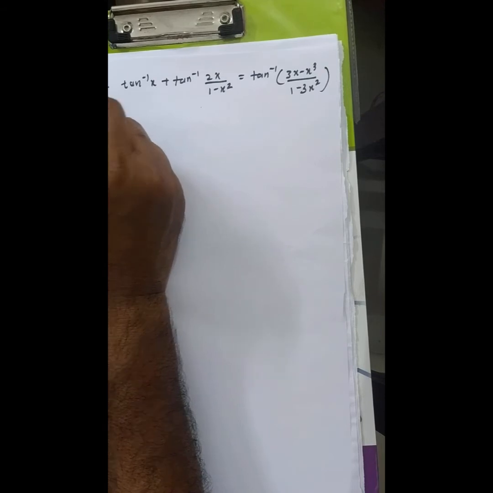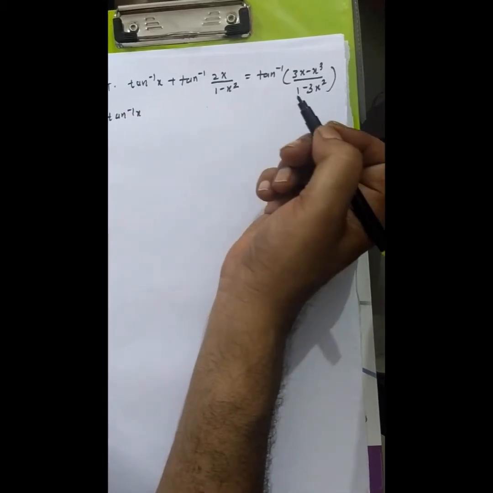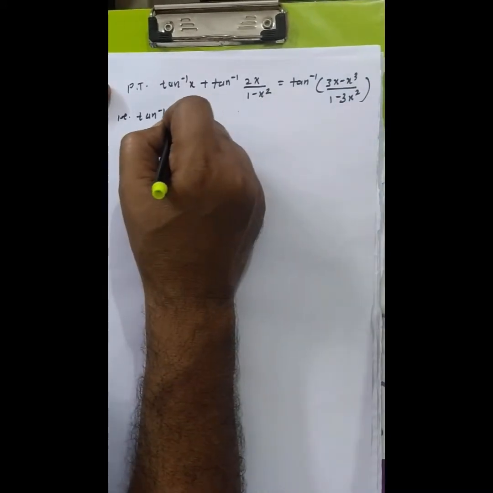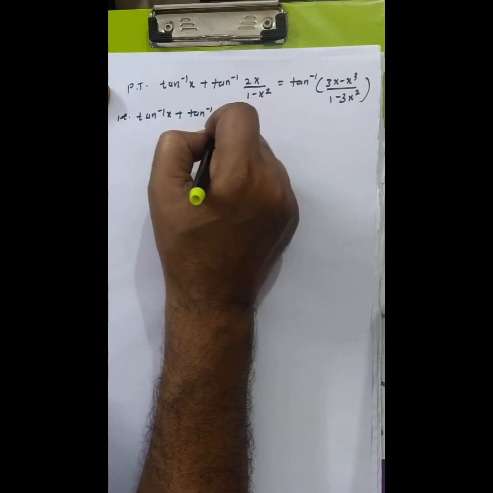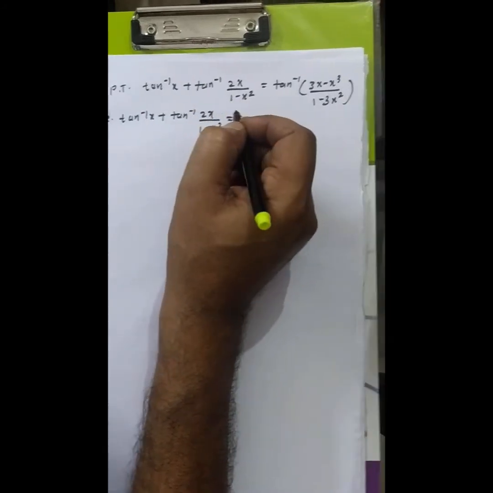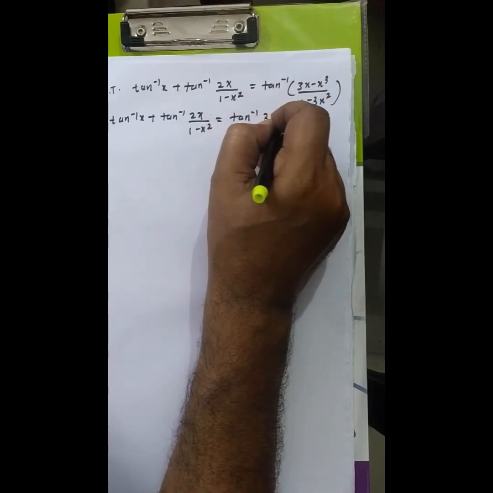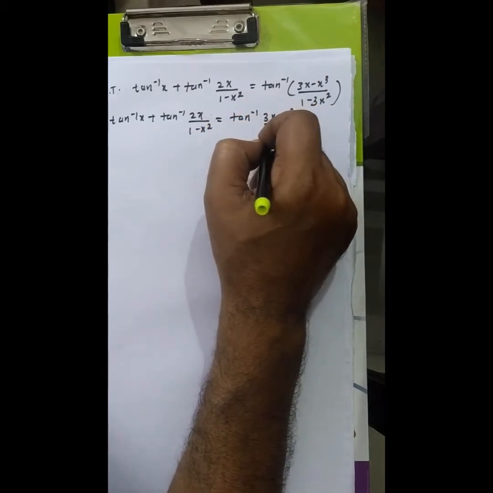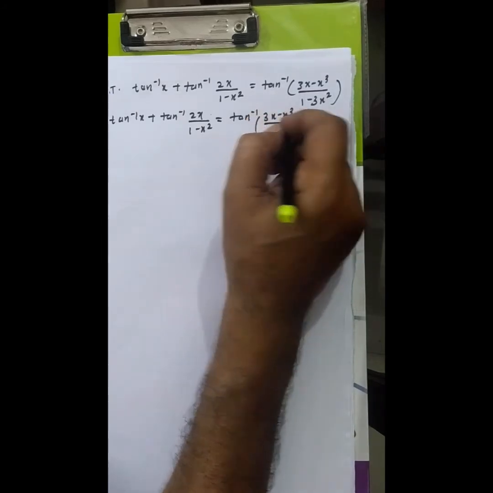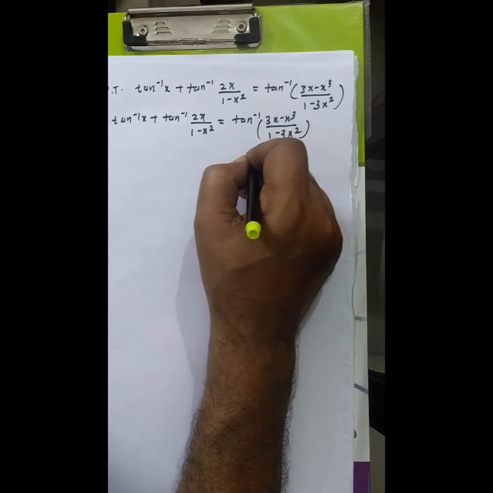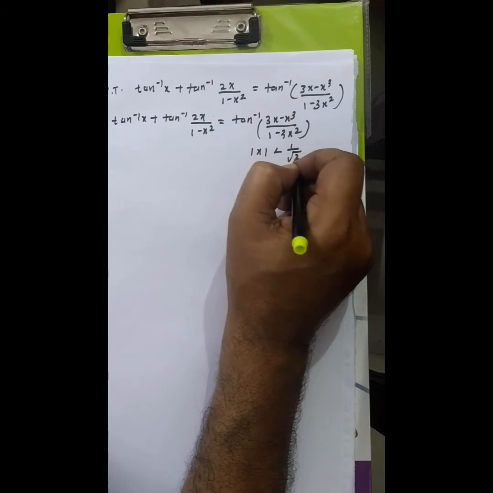That is, tan inverse of x plus tan inverse of 2x upon 1 minus x square equals tan inverse of 3x minus x cube divided by 1 minus 3x square, under the condition mod of x is less than 1 by root 3.